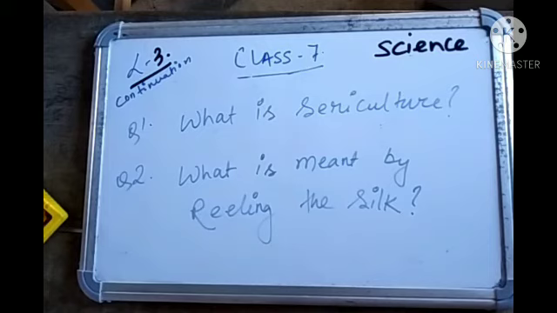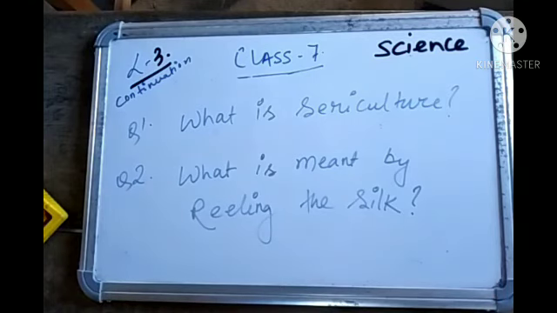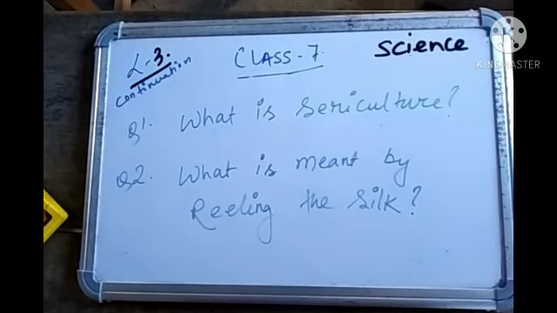So please go through the lecture again and again. Surely you will find the answer, and you will find it in your textbook also. First question, what is sericulture? Second question, what is meant by reeling the silk?